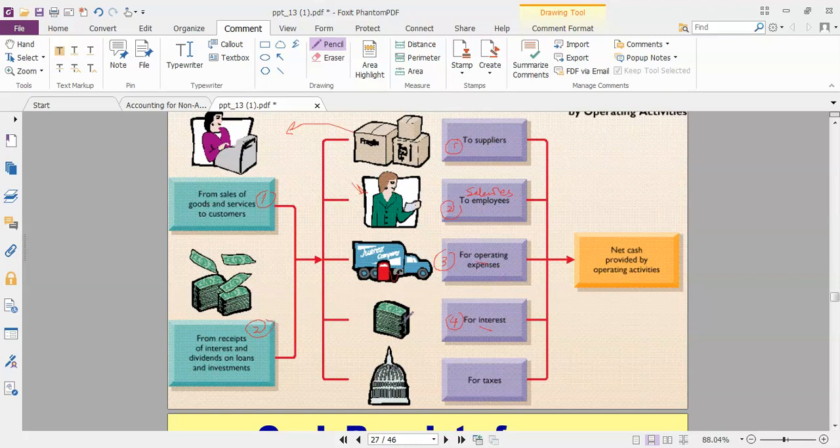And then the fifth is taxes. The company pays taxes to the government. The government will use the money from its citizens to invest in facilities and also for the welfare of its citizens. So that is the taxes.